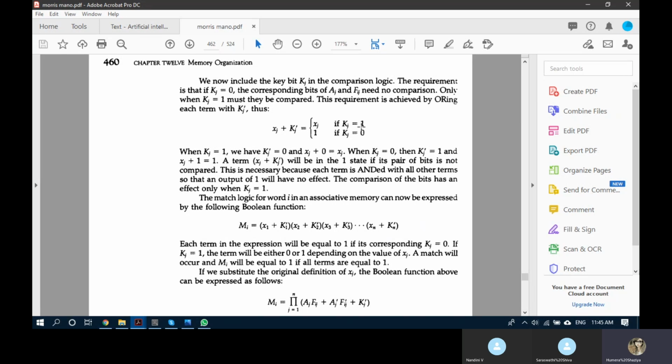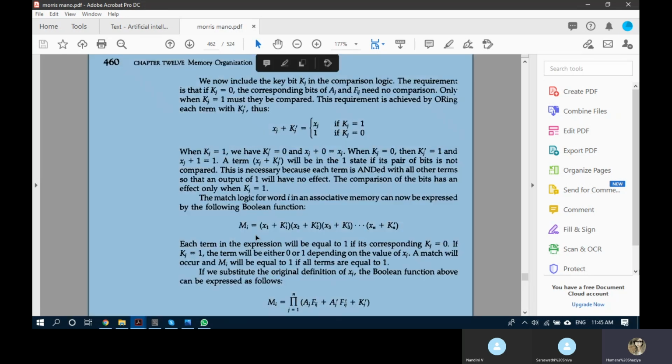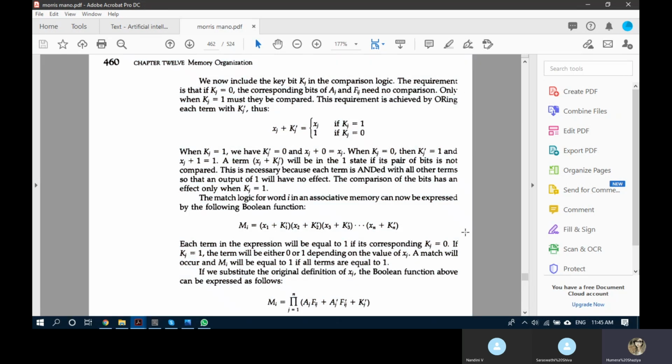That's why when the Kj-th bit is 0, by default you get 1. Otherwise, if the Kj-th bit is 1, in that case you have to check whether the bit in A and the bit in C match. If both match, you get 1. If they don't match, you get 0. So the M value is set. This whole exercise we are doing is to set the value of M, which is the match position of the i-th word.